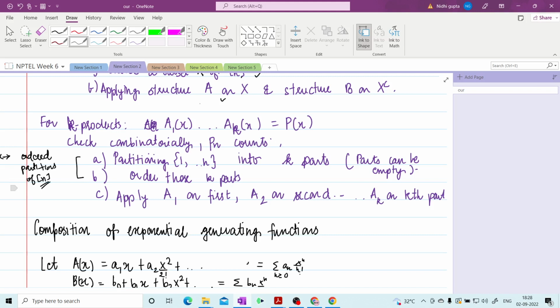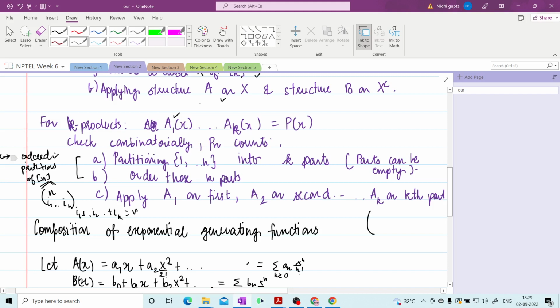And if we want to choose ordered partitions of n, you can see this will turn out to be n choose i1, ..., ik, where i1 plus i2 plus ... plus ik is equal to n. Why do we need ordered? Because here order matters. These functions are different, and on the first set we have to apply a1, on the second set we have to apply a2, and on the kth set we have to apply ak. Therefore order matters.